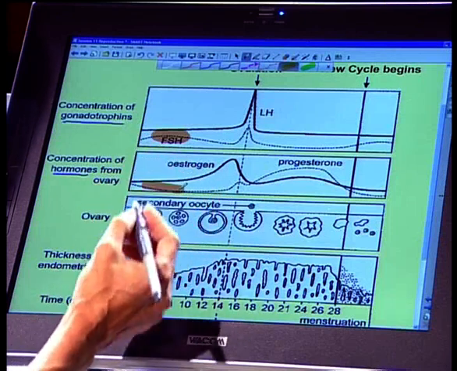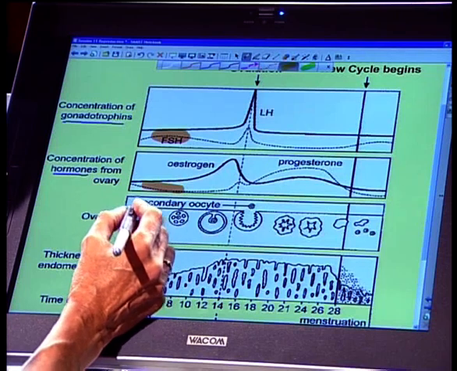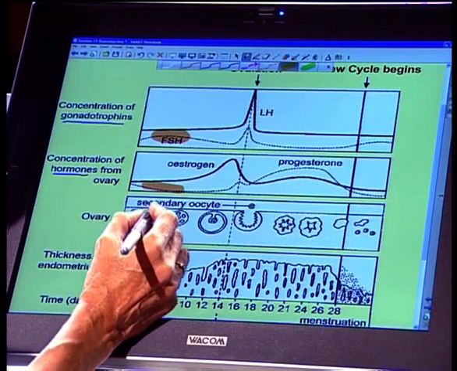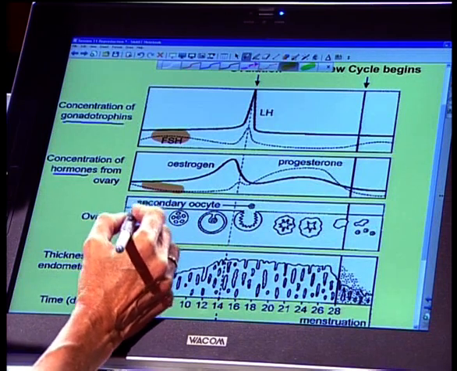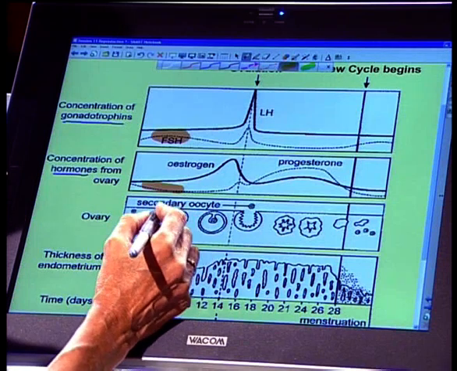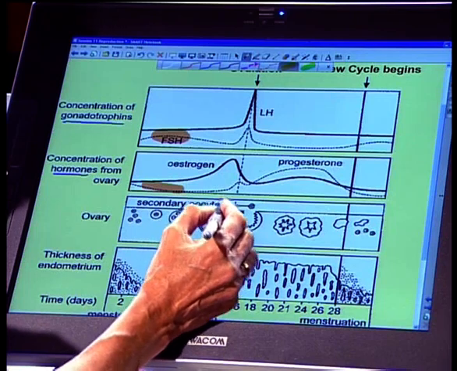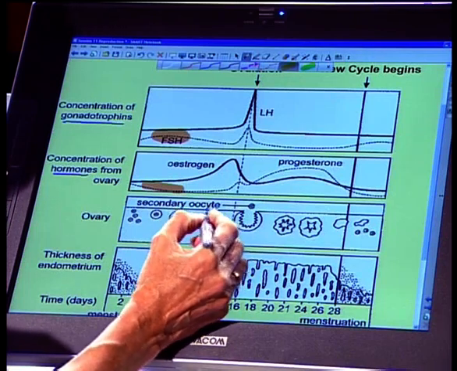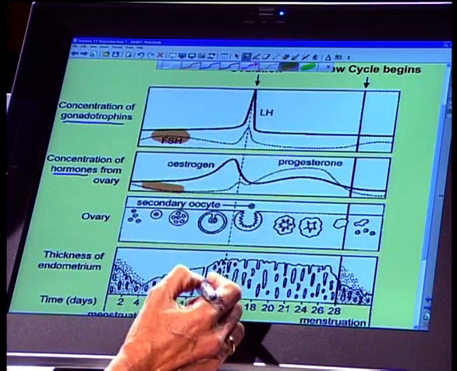And as our estrogen levels decrease, what are we going to have here? In the ovary, we've got the primary oocyte, and it develops into the secondary oocyte, and now at this point we have the Graafian follicle. And so this is our first process here.